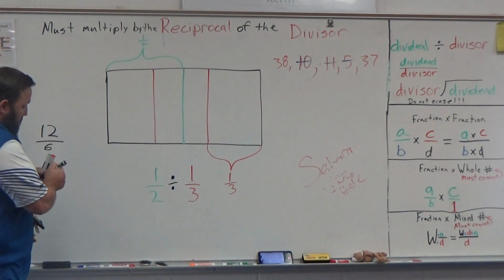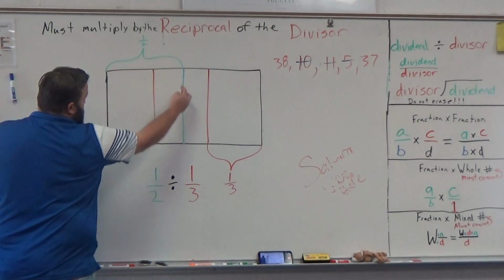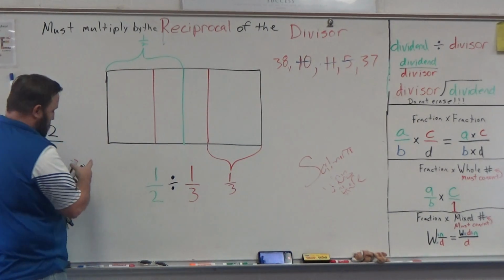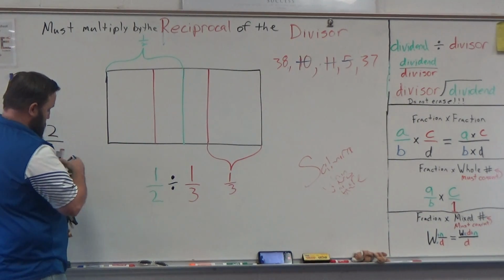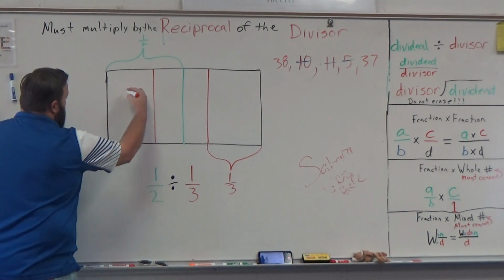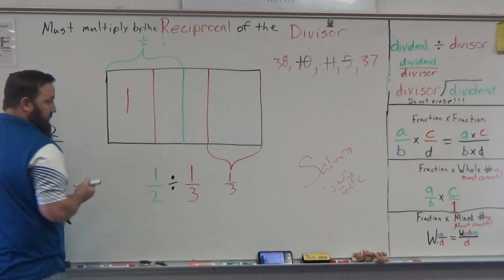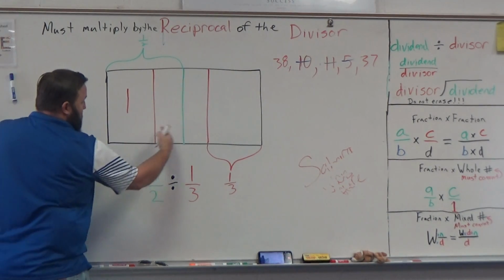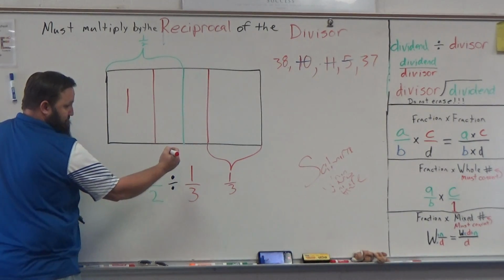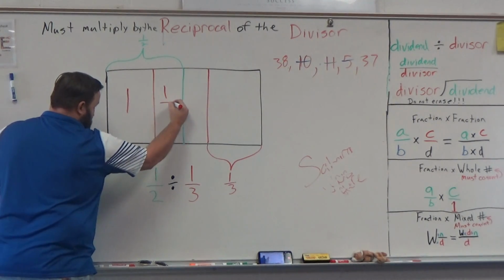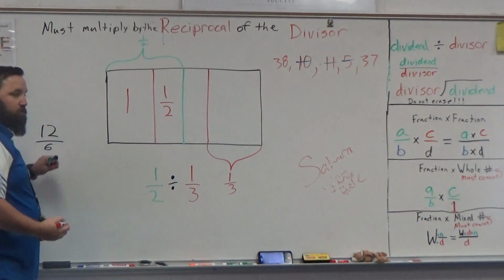So look up here at our drawing. Remember, this is 1/2. So how many thirds fall into it? We've got 1 whole third here, and then what do we have here? Well, it looks like the third's been cut in half. So how many thirds are we saying that we have?